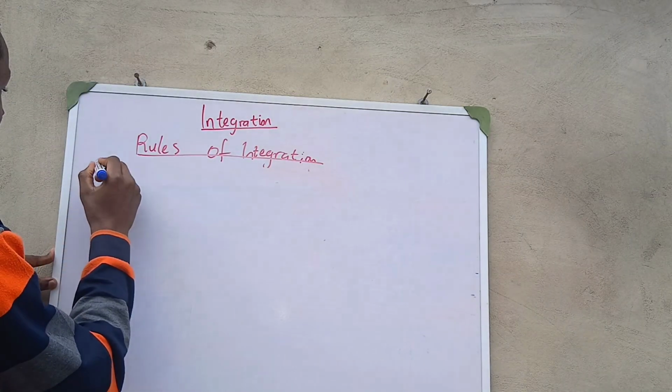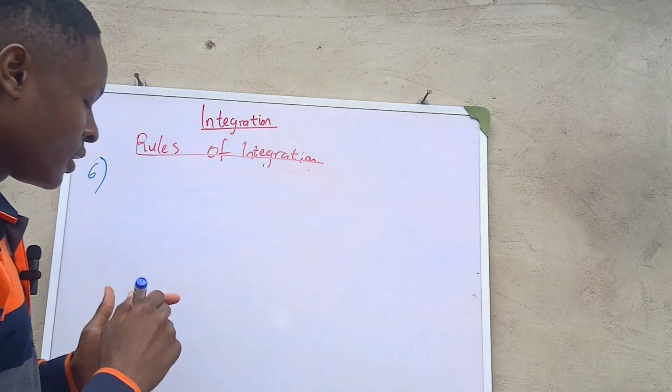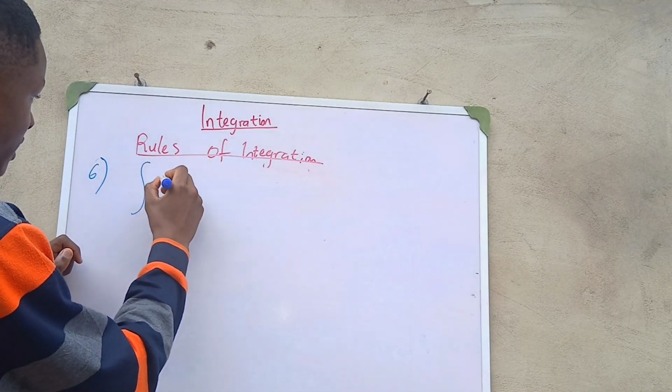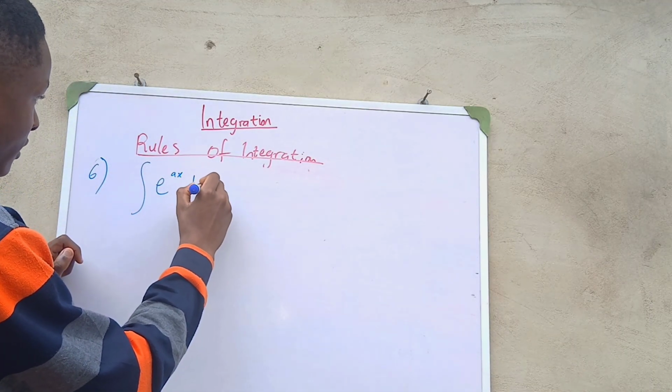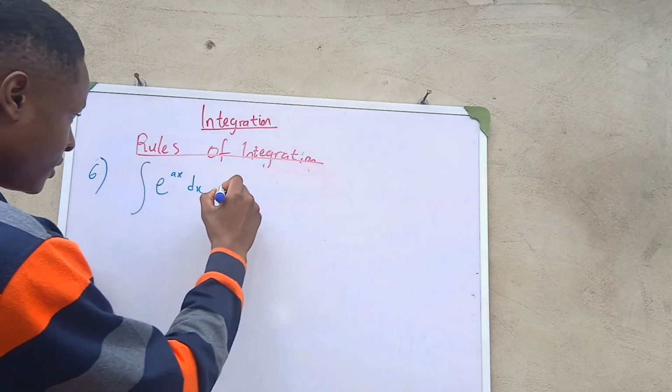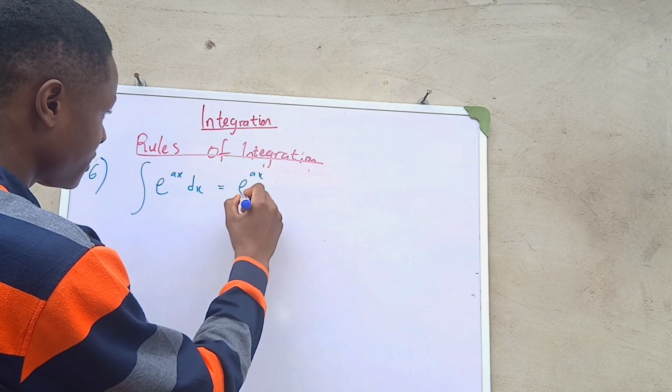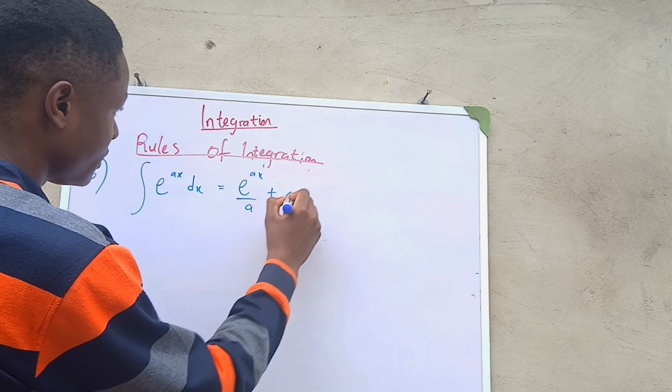We have the sixth one, which is the last. When we are integrating the exponential of ax dx, we'll be having e to the power ax all over a plus c.